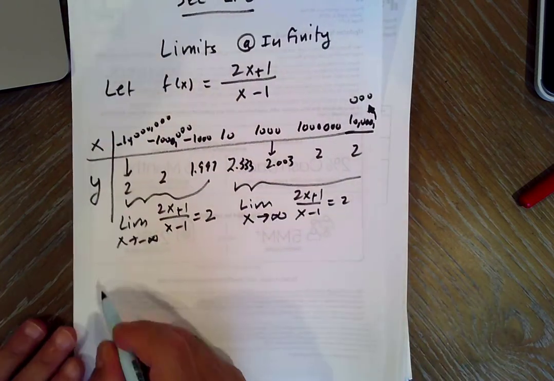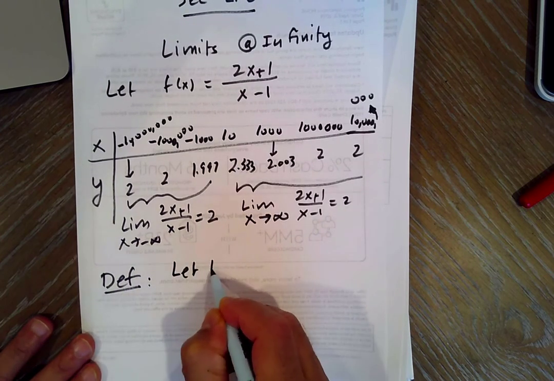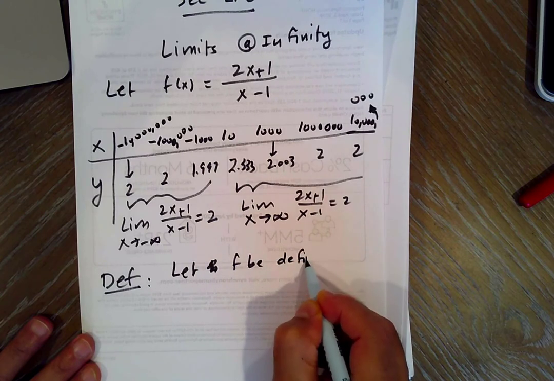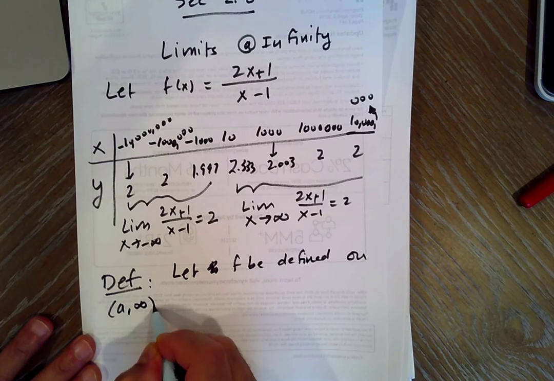So the definition for limit at infinity: let f be defined on the interval from a to infinity.